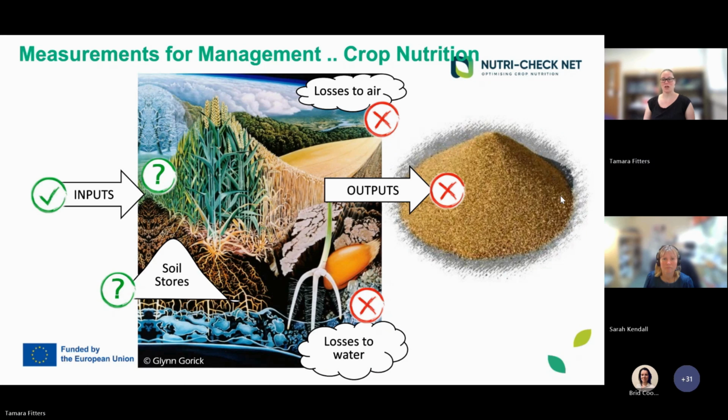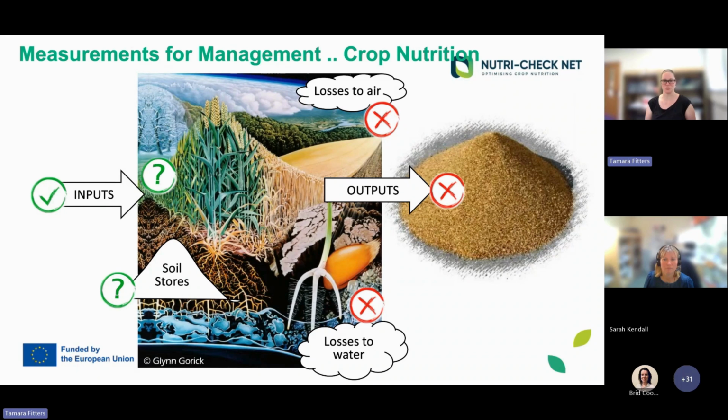and what exactly our outputs are. So going forward, if we want to get a more accurate idea about what is happening in our field in terms of nutrition, we want to focus on those bits that we can work out. Losses to the air and losses to the water will be very hard to determine.